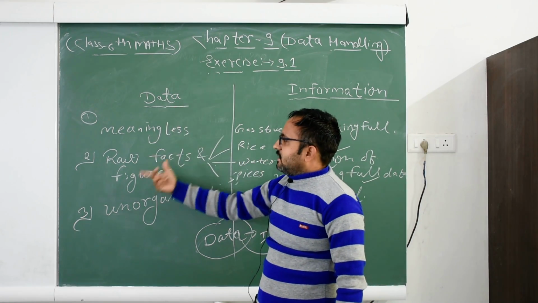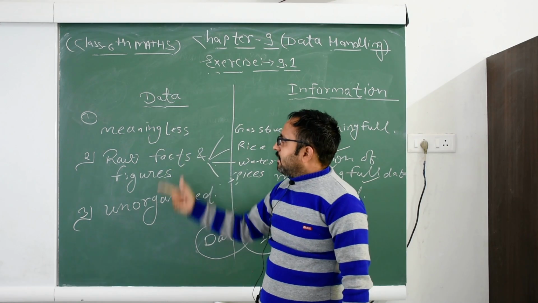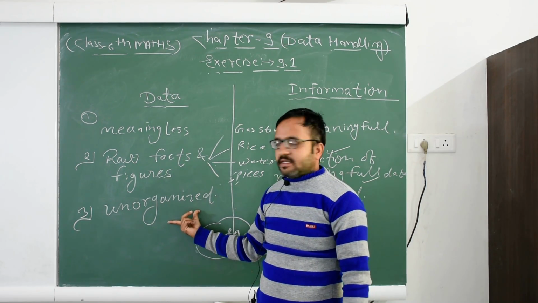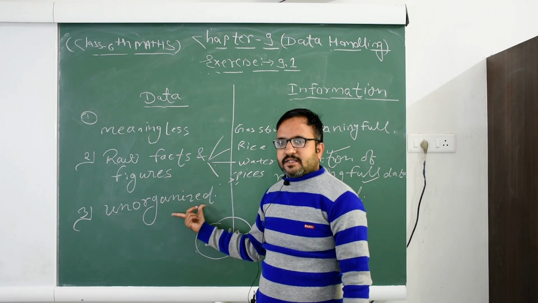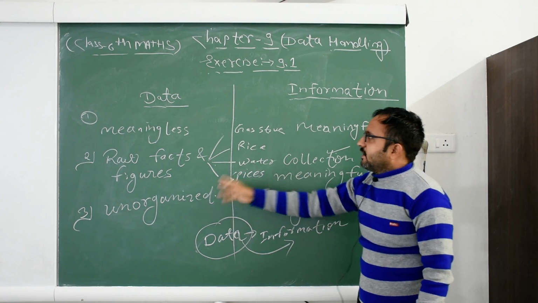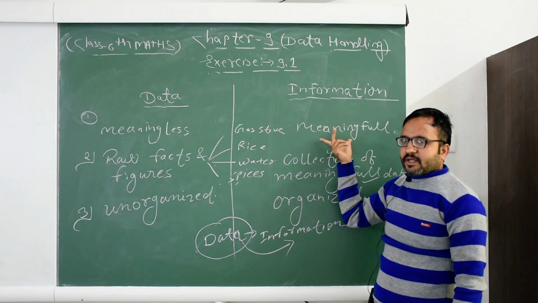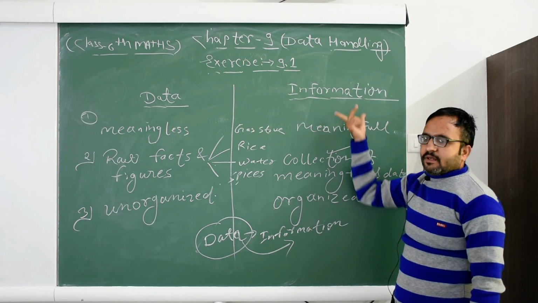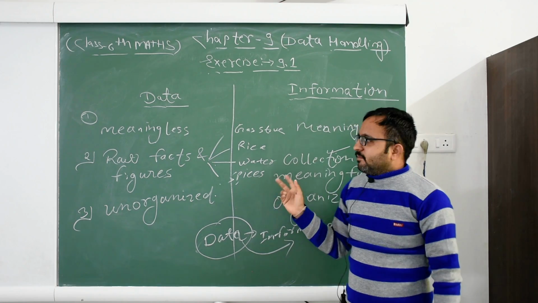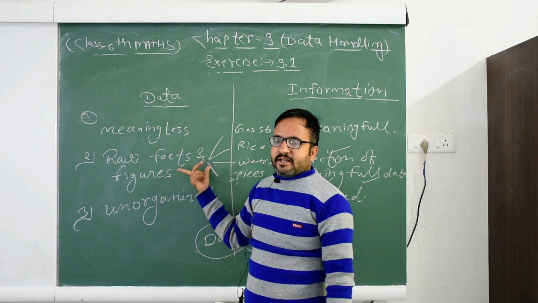So data is a raw fact and figure, also called meaningless objects, and data is an unorganized collection. In contrast, information is meaningful. Based on information we can take any type of decision, but based on data we can't take any type of decision.